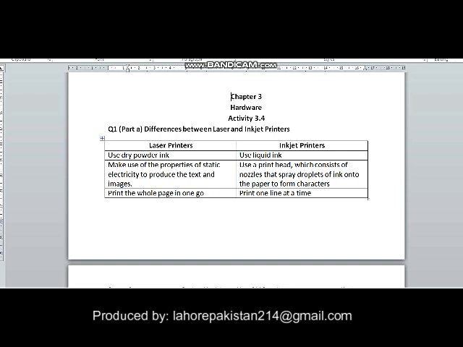This is the answer. Differences between laser and inkjet printers. You can see that laser printers use dry powder ink, and make use of the properties of static electricity to produce the text and images, because the paper is positively charged and the negatively charged powder is attached to the paper.